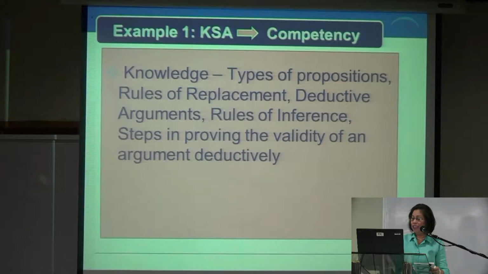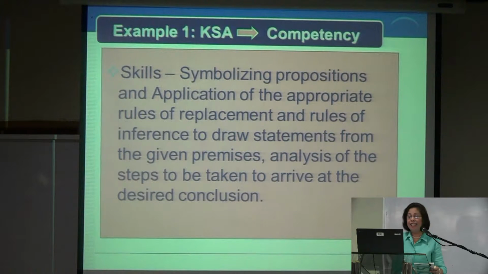That is at the knowledge level. No? For the skills, they should be able to symbolize propositions, apply the appropriate rules of replacement and rules of inference to draw statements from the given premises, analyze the steps to be taken to arrive at the desired conclusion.